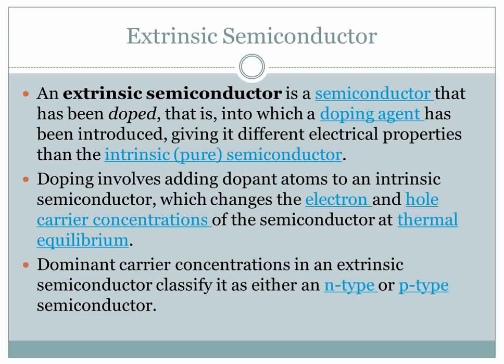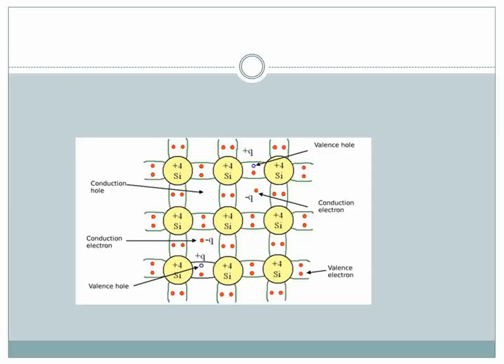Basically we use either a third group element or a fifth group element to form the extrinsic semiconductor, in order to create holes and free electrons to increase the conductivity of the semiconductor material. There are two types of extrinsic semiconductor based upon the doping element: N-type semiconductor and P-type semiconductor.